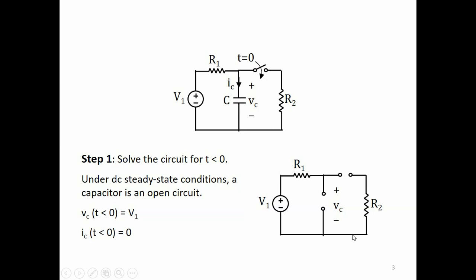So this is our circuit, and so there is no current flowing anywhere because there is no closed path, and so there is no current in R1, and therefore the capacitor voltage will be equal to V1, the voltage source voltage, right? And the capacitor current, of course, is 0. So these are the conditions for t less than 0.